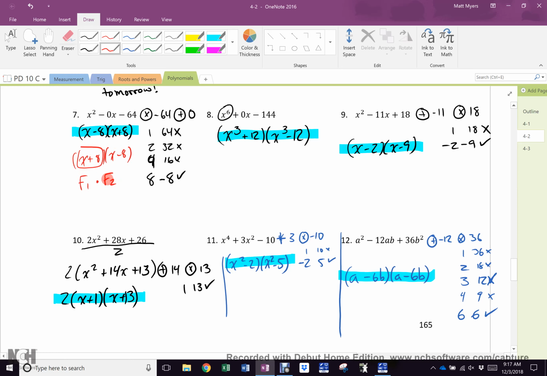In multiplying, order doesn't matter. 5 times 2 is the same as 2 times 5. So that's why you can write these in either order. But you have to be careful on ones like this if they have different signs. The signs have to be in the right spot. Okay? Any questions here?